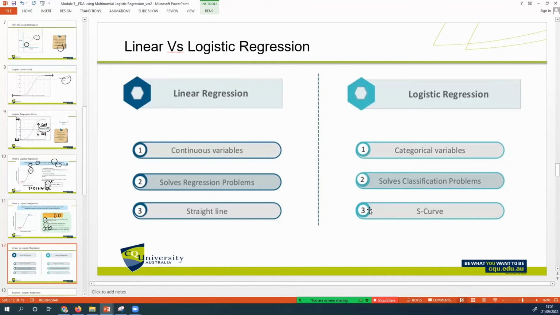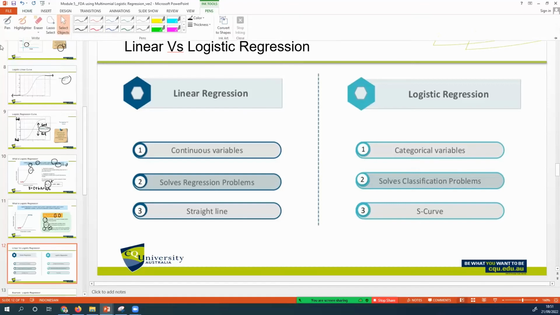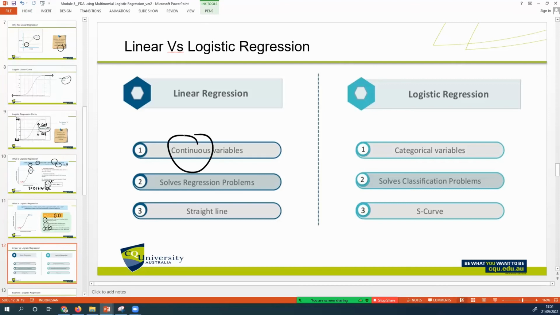So this is the difference between linear and logistic. In linear, we use continuous variables: 1, 2, 20, 30, 45, 100. That is a continuous variable. Categorical is 1, 2, 3, 4, 5. Yeah?